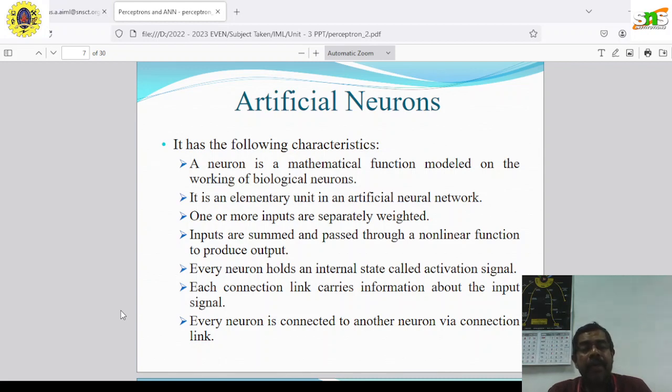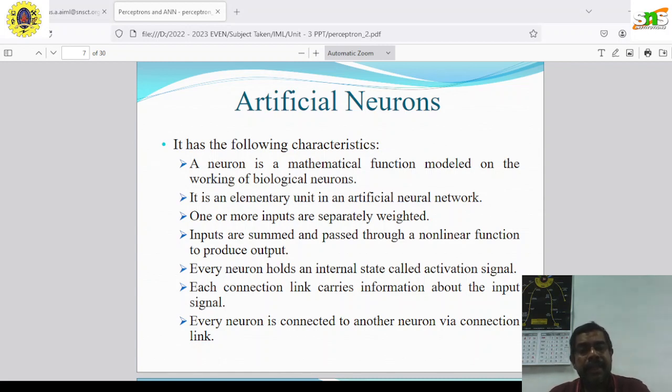Every neuron is connected to other neurons via a connection called a link. Just as the dendrites work in live neurons, in the same way in artificial neurons we have to establish connections between the varieties of neuron cells.